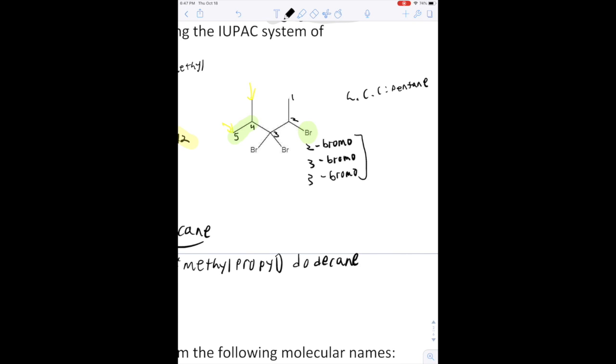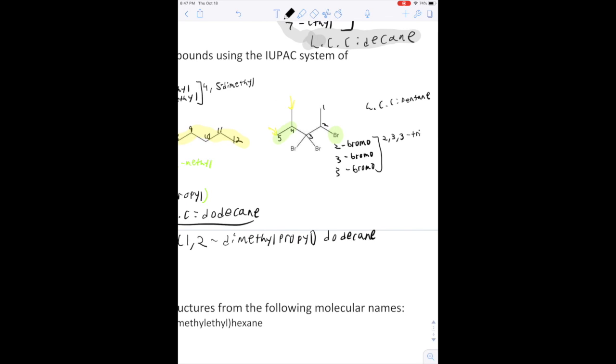I could combine all these, get 2, 3, 3 tribromo. Sometimes I feel like I have way more room than I actually do. And I can't forget about my methyl, 4 methyl.